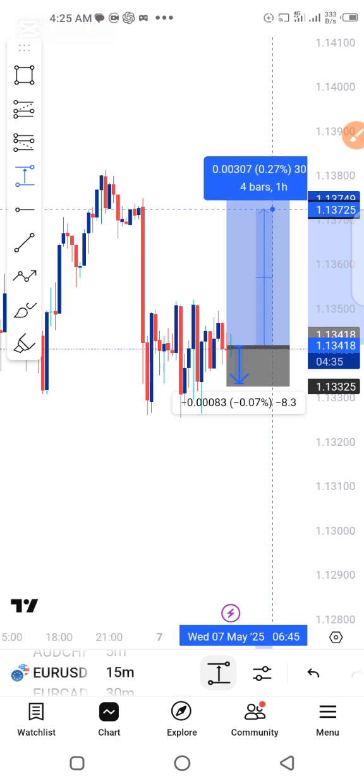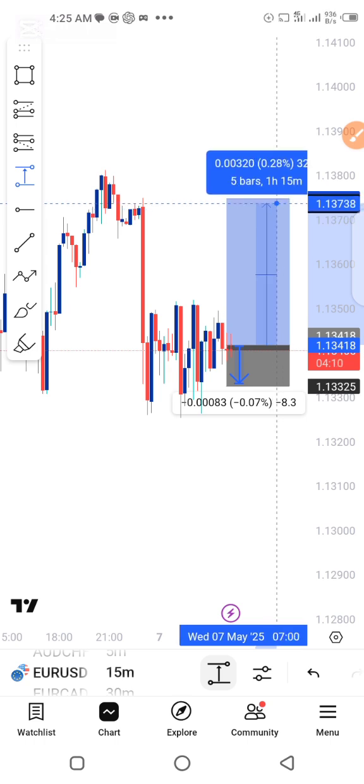So let's say I'm using a mini lot size of $1, which is 0.1 lot size in the market. Now I'm risking 10 pips, which means I'm risking $10. Making 30 pips is what we call 1:3, which means I'm risking $10 to make $30.